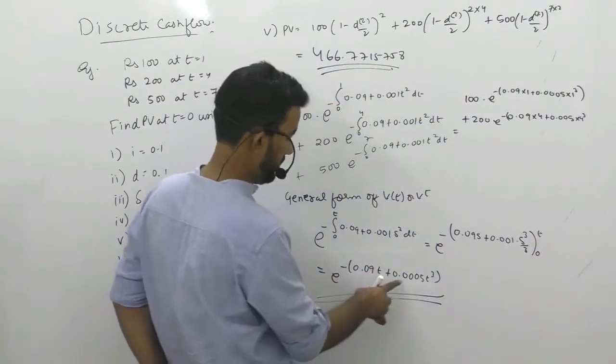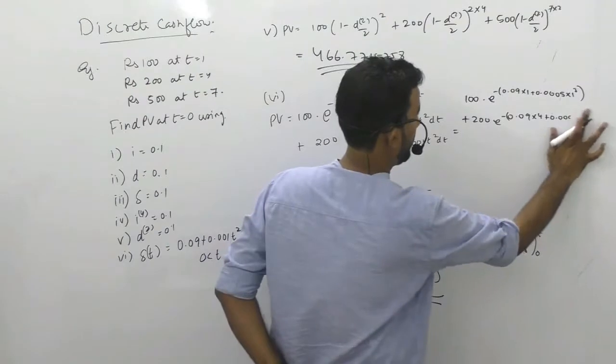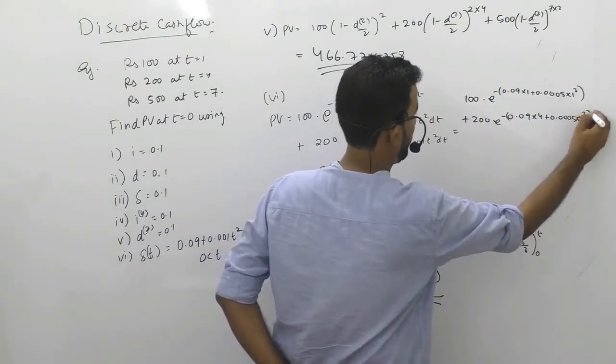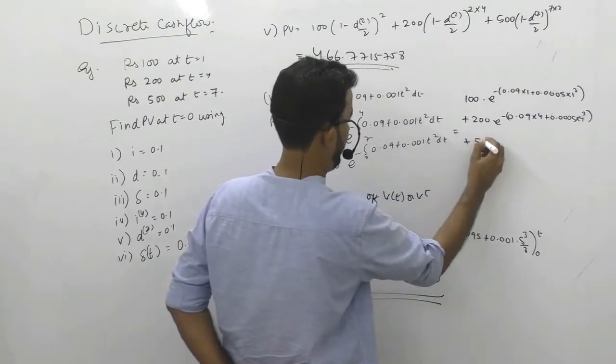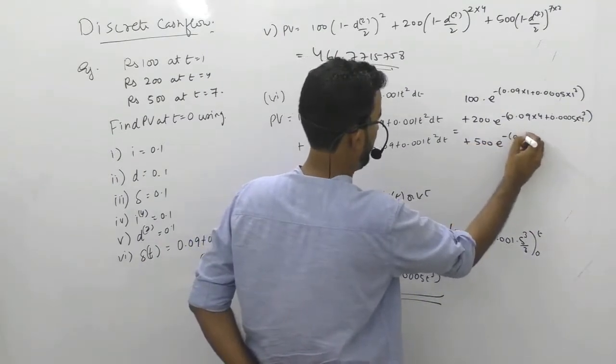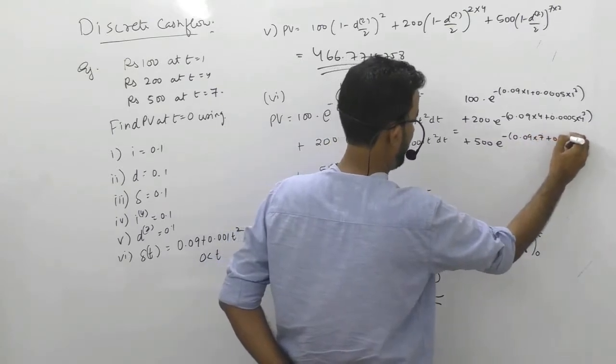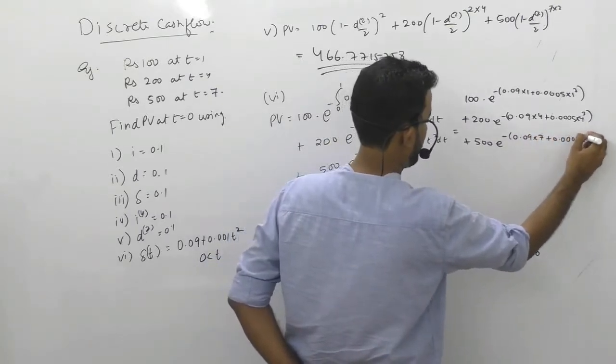So this is 3 times 0 and then 5, so be very careful. Plus 500 e raised to minus 0.09 into 7 plus 0.0005 into 7 cube.